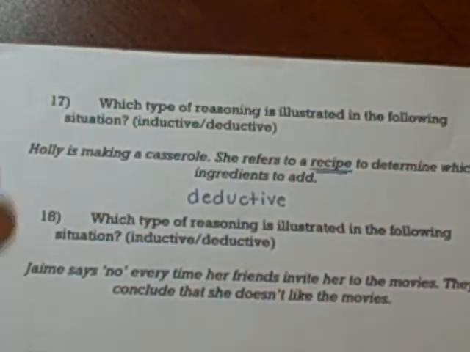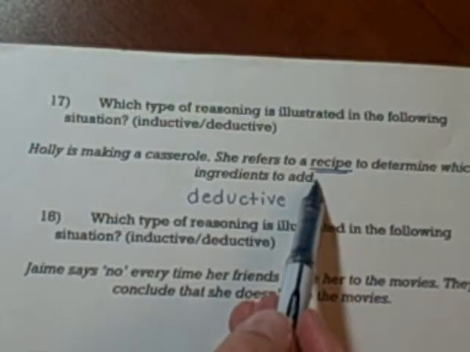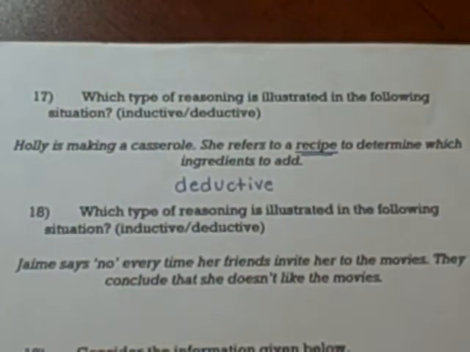Now, if it said Holly is making a casserole and she throws in what she thinks needs to go in there, or she tastes the casserole and decides that she thinks it needs more salt, that would be more like inductive reasoning. But here, since she's following a rule, I would call that deductive reasoning.